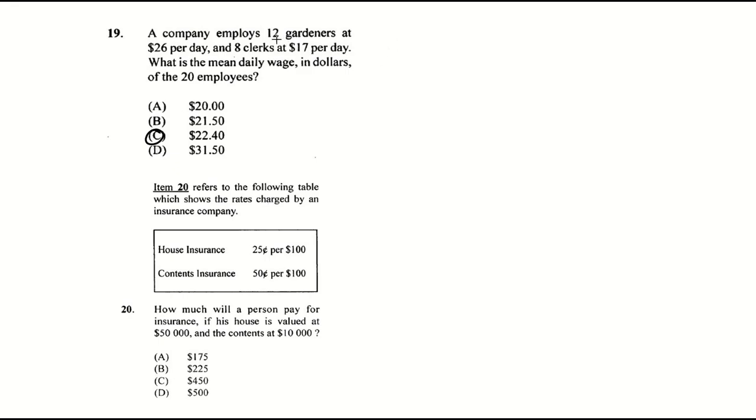We know that one gardener is $26, so 12 gardeners would be 12 by 26, which is equal to 312, and one clerk is 17, so 18 clerks would be 18 by 17, which is equal to 306.